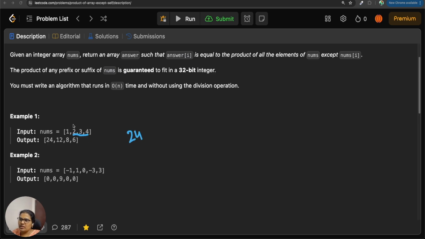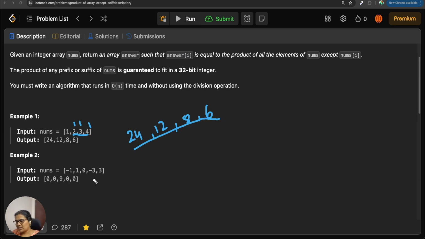And at position 1, the answer would be 4 3s are 12 into 1, so 12. At position 2, the answer would be 1 into 2 into 4, which is 8. And at position 3, it would be 1 into 2 into 3, which is 6. Okay. So this is our answer.